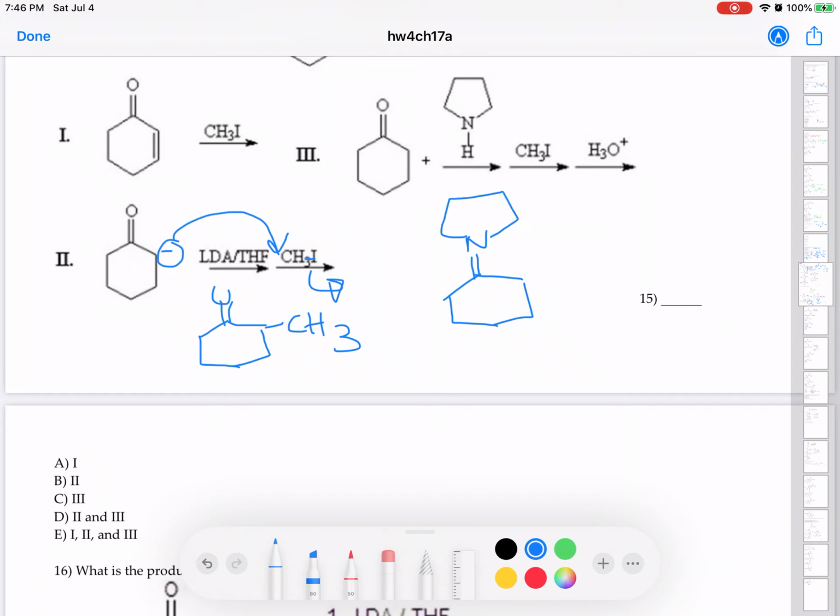Initially you will have that, but then it will form this, right?